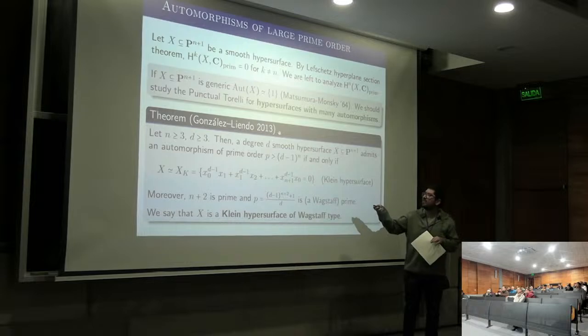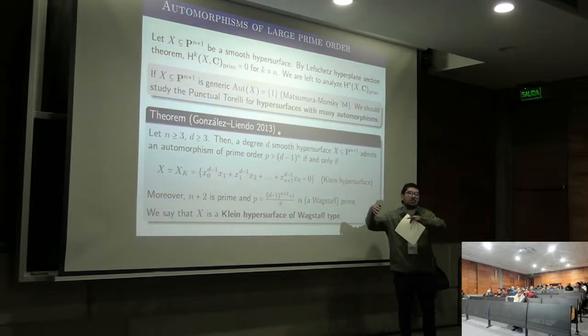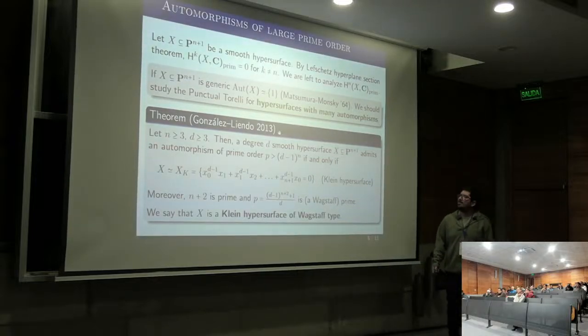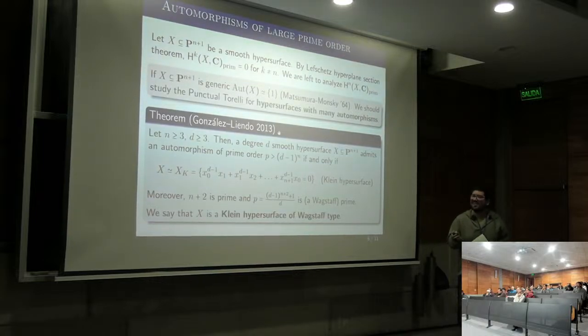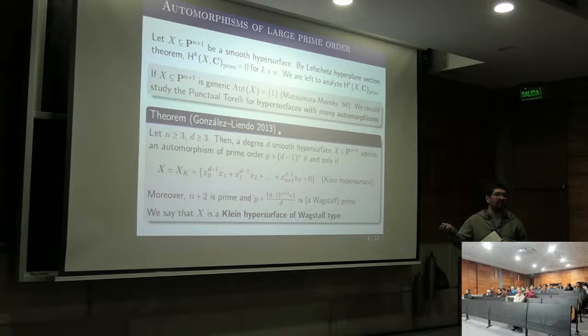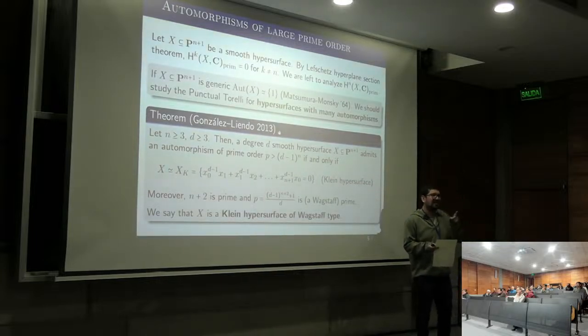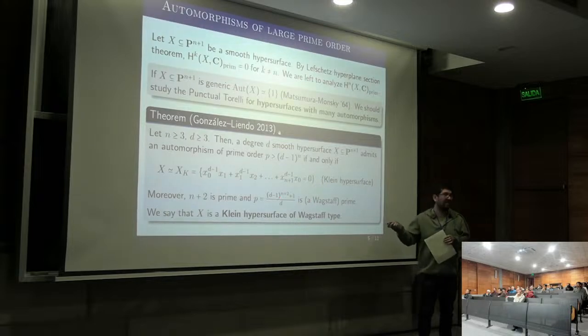I should mention that this is not true for every dimension. There are some dimensions in which you have this inequality. It's not always true. But one dimension where it is true is dimension 3 and degree 3, and you have the Klein cubic threefold, and the automorphism group is, by the work of Adler using representation theory, PSL2 F11, because the prime is 11 in this case.